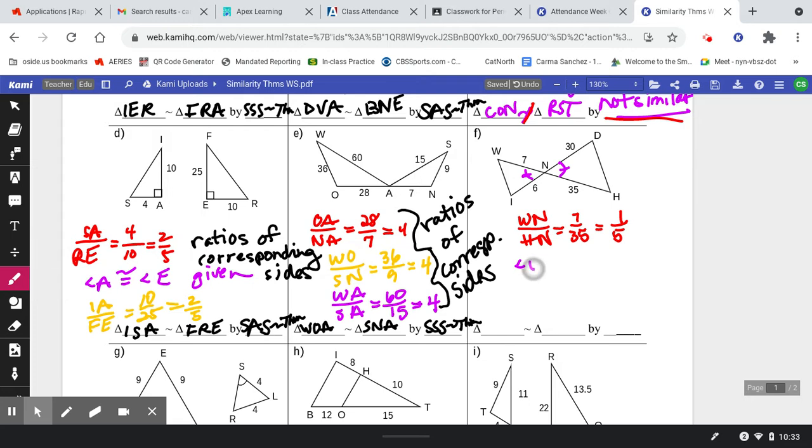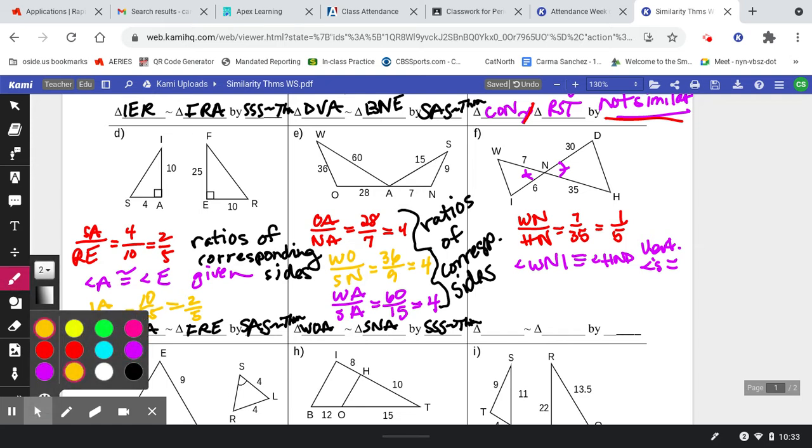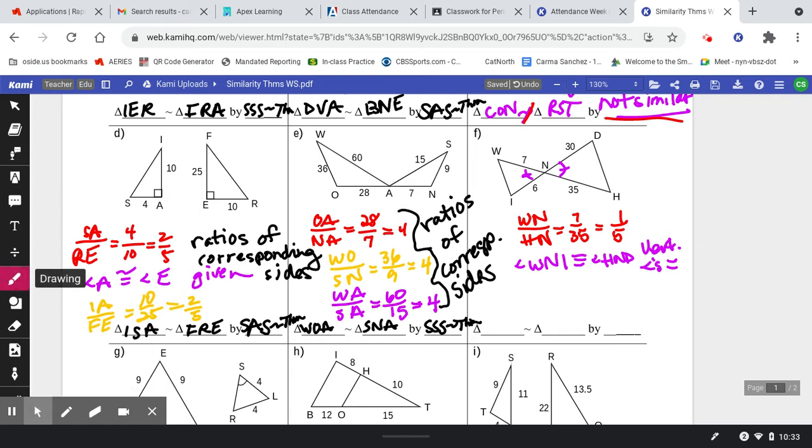Angle WNI is congruent to angle HND by vertical angles are equal. And then finally, side IN compared to DN is 6 to 30.